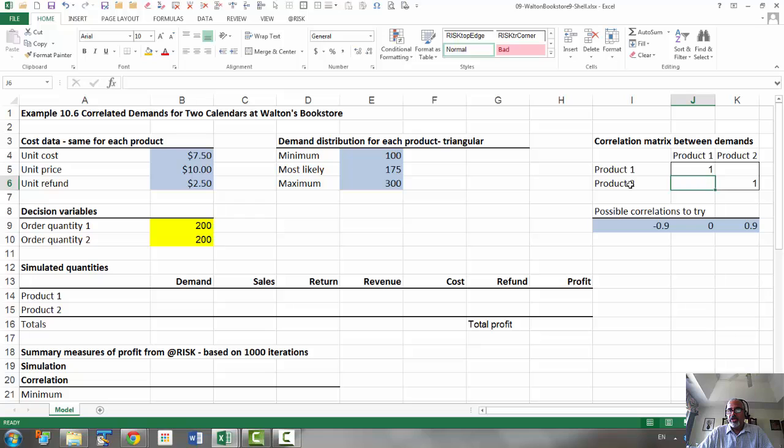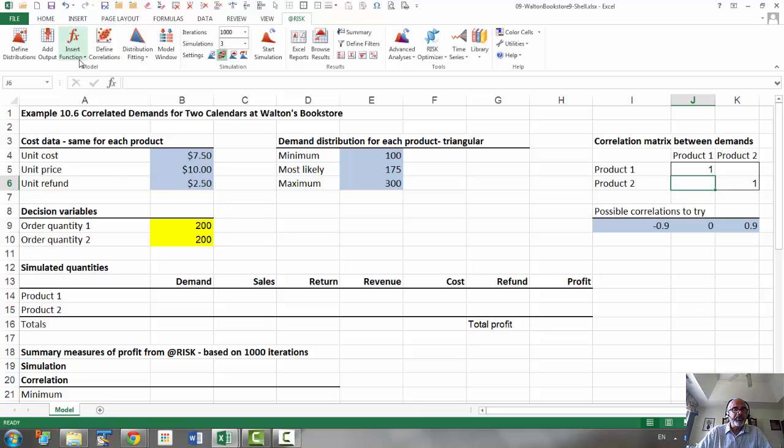Now the correlation between product 1 and 2, here is where we can try different possible values. So what if the correlation... here we're going to try only 3, but you can try any number of possible values for correlation. So this is our RiskSimTable function.